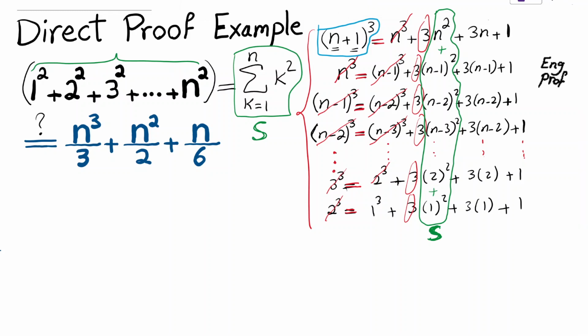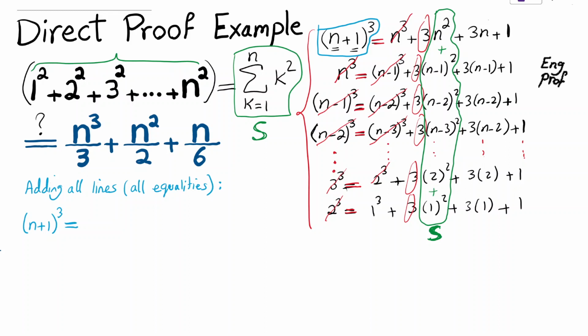So when adding all terms, all lines, or all equalities, what I get is, on the left hand side, I only get (n plus 1) to the power 3.